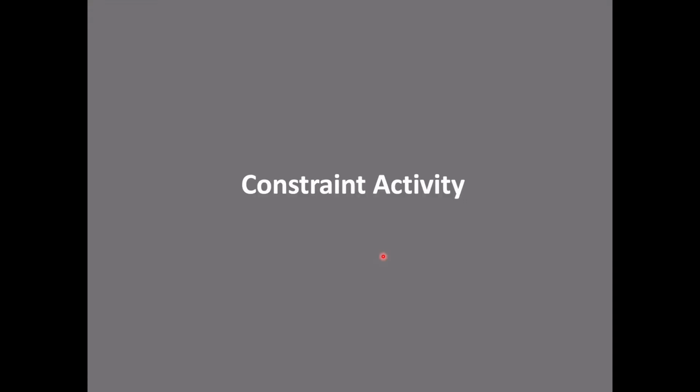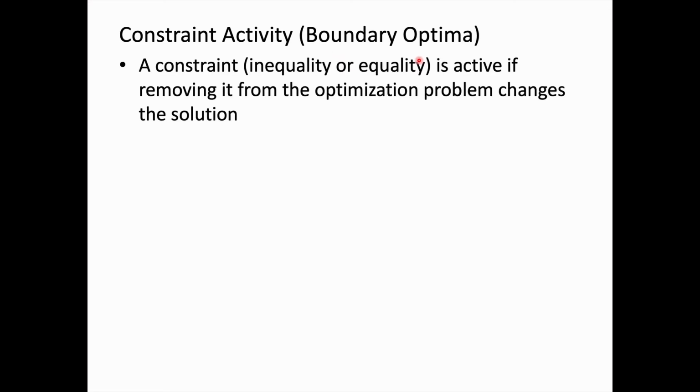Let's talk about constraint activity. This deals with boundary optima. A constraint, either inequality or equality, is active if removing it from the optimization problem changes the solution. Think back to the grassy valley with the fence.